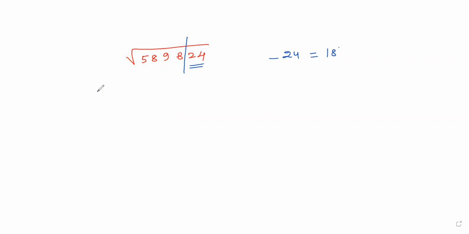Options are given. What is 18 square? 324. 18 square will be 324. So then only we are getting the last two digits as 24. So we can take our x value as 18.